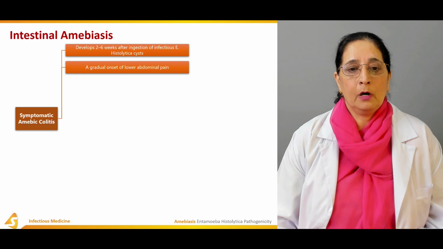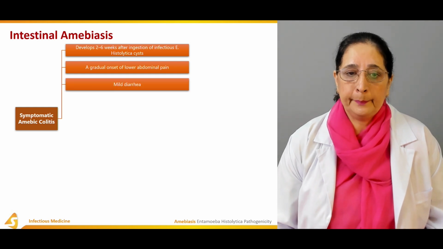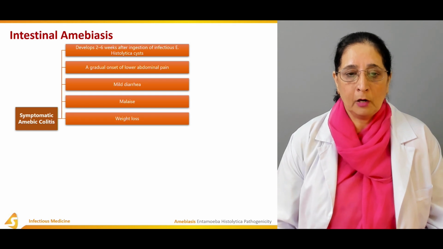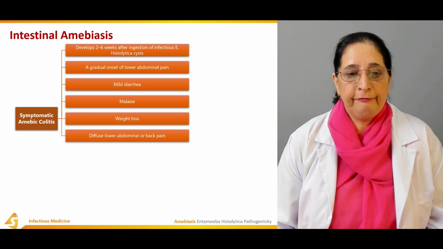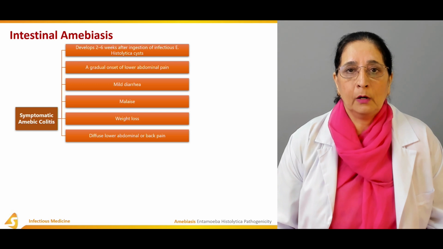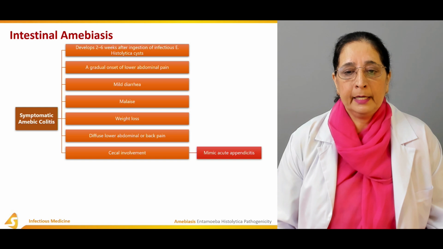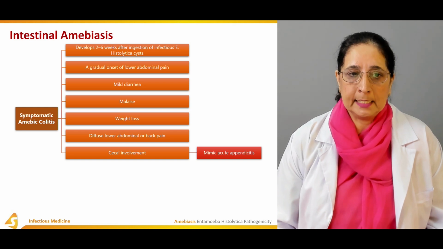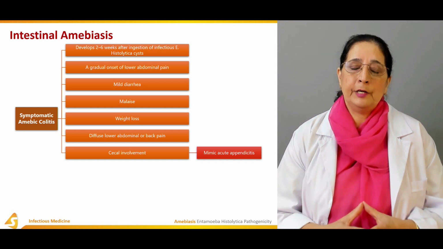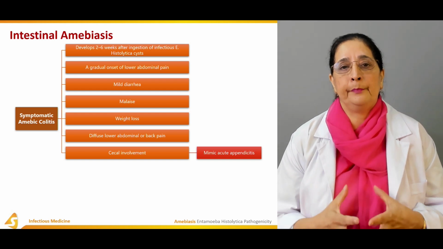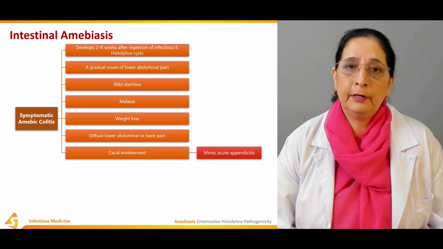A gradual onset of lower abdominal pain, diarrhea, malaise, weight loss, diffuse lower abdominal or back pain. Cecal involvement mimics acute appendicitis. Amebic dysentery is one of few conditions that present with fever with chills.